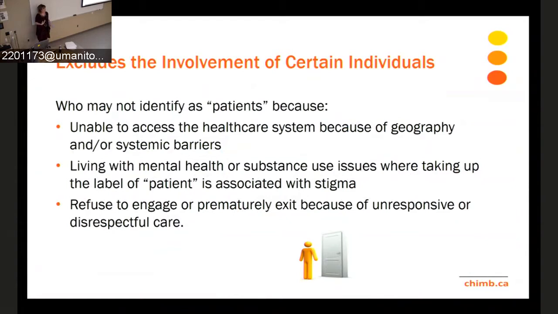It also excludes people living with mental health or substance use issues, where taking up the label of patient can sometimes be associated with stigma. And then it also excludes people who refuse to engage or prematurely exit because of unresponsive or disrespectful care. And finally, it also excludes voices of people living with disabilities who perhaps have been continuously medicalized within the healthcare system simply for being differently abled and do not relate to that identity.